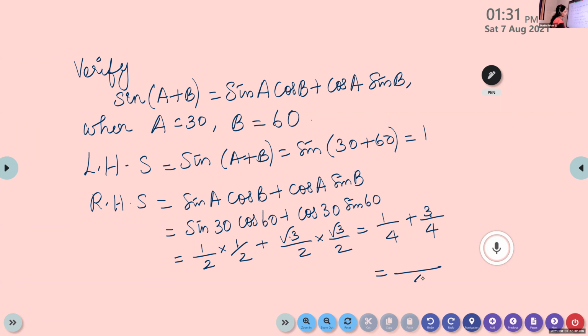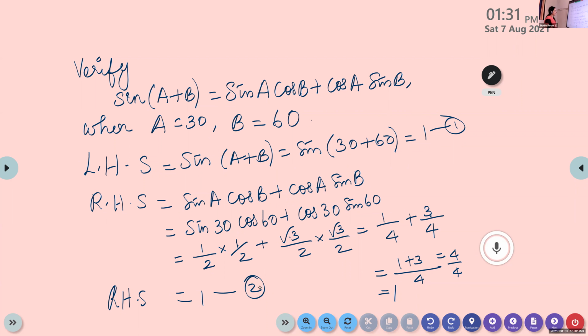So now the denominator is the same. We can add the numerators. So it is 4 by 4, which is 1. So we get RHS also equal to 1. Name this as equation 1 and this as equation 2.